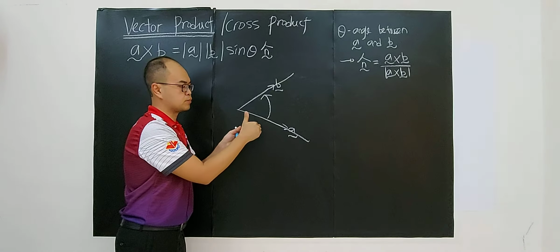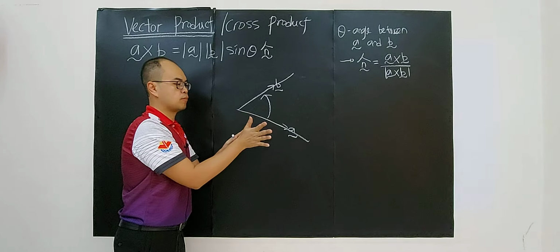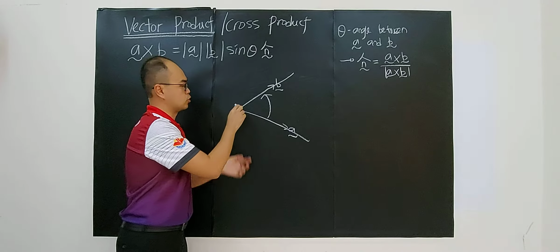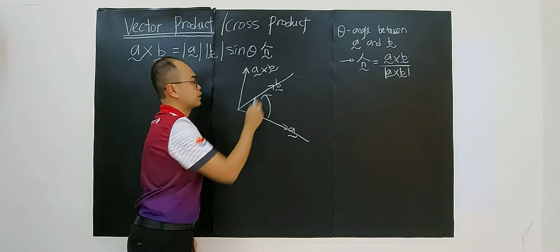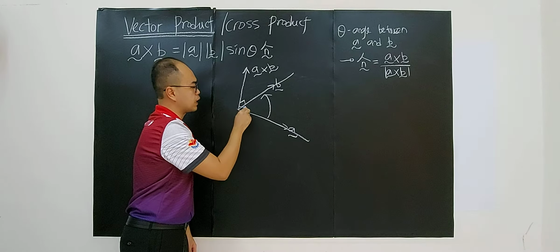My fingers curl from A to B, and the thumb goes up. This defines A cross B, which is always perpendicular to both A and B.